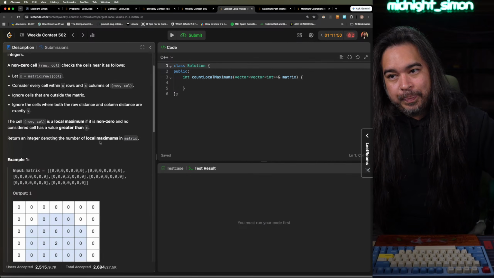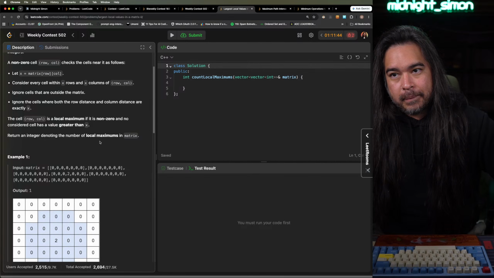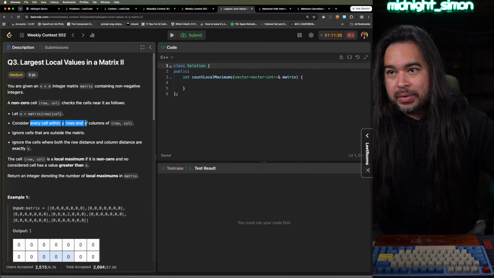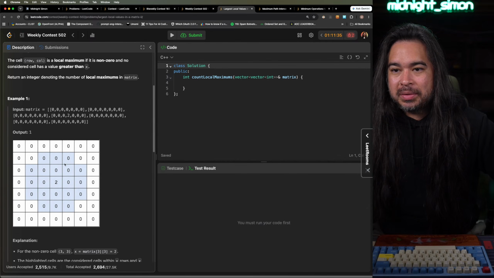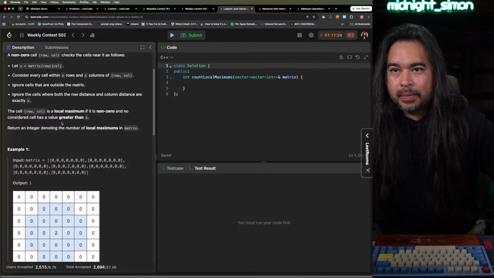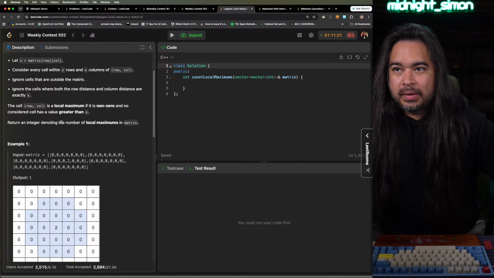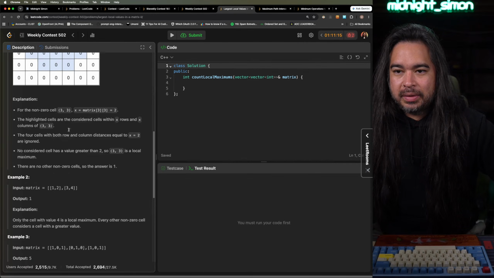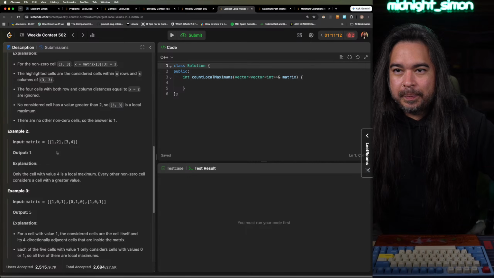Jeez. X rows. How many rows? Did it tell me? Oh, that's X. So, all right, that's 1. 1, 2, 3, 4.